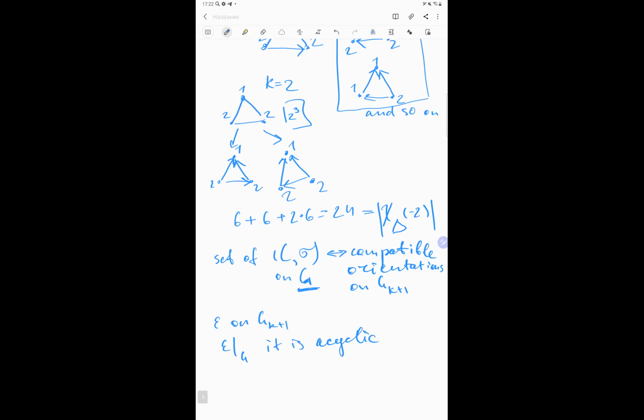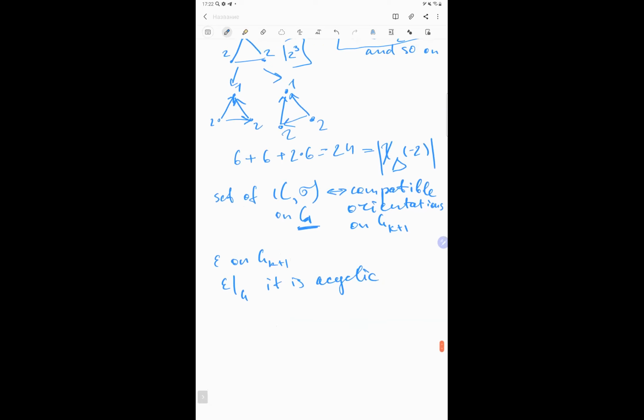So now C sigma, what is it? Set of C sigma. Sigma is orientation compatible to coloring in the sense of standard theorem. C is a coloring, and sigma is an orientation compatible with the color. So, for example, this is our graph G, and this is one of boundary vertex V0.